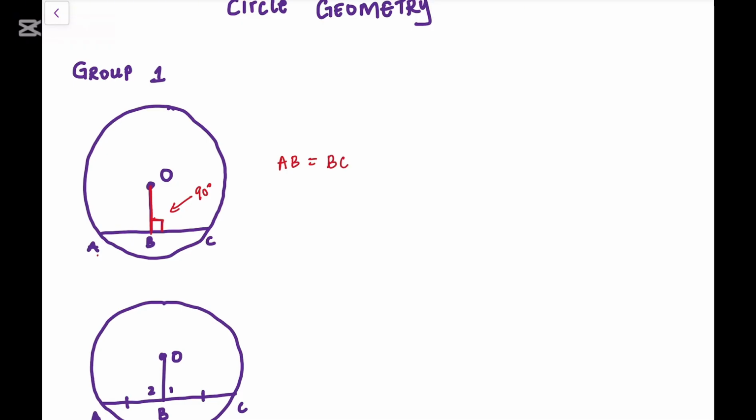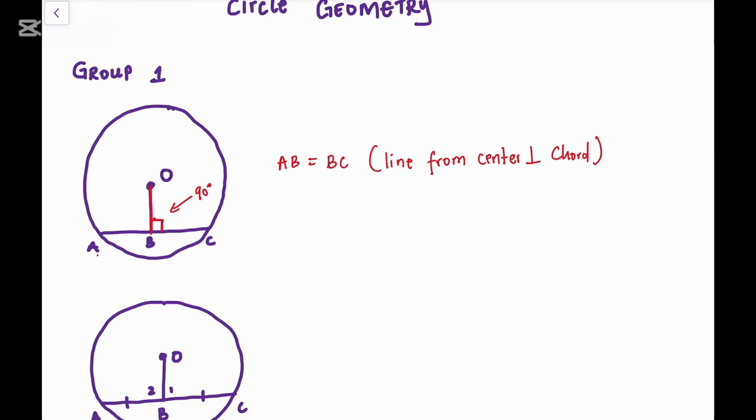Why? Because we have a line from center perpendicular to the chord. So your reason here will be line from center perpendicular to the chord. The line from the center perpendicular to the chord will always bisect the chord.